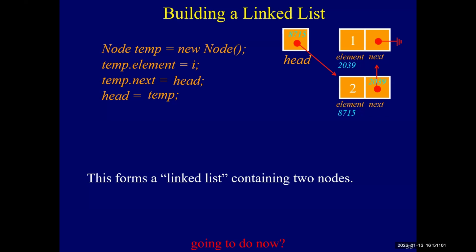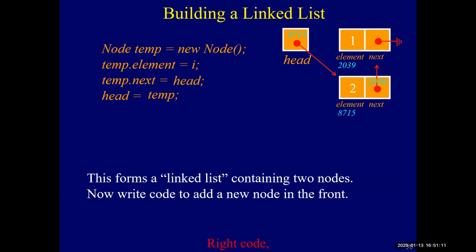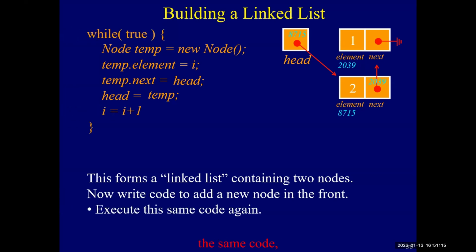So what are we going to do now? How do we make a list of length 3? We just go around, right? Write code to add a new list in front. Well, it's the same code, right? Everybody see that? It worked the first time. You can run through it again, and you'll see it works each time, right?